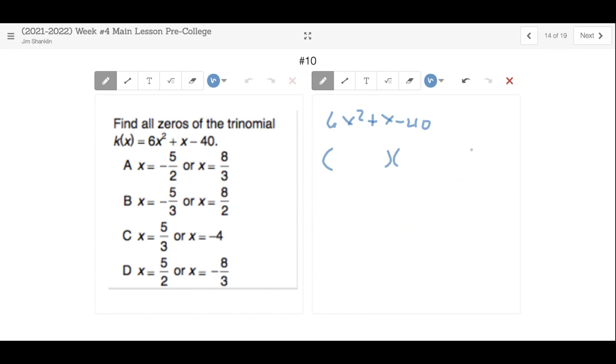I taught the cheater method to factoring, so that would be 6x here, and 6x here. I have to multiply the two outer terms together, so that'd be negative 240. What two numbers multiply to negative 240 that add up to 1? All right, time for my calculator here.